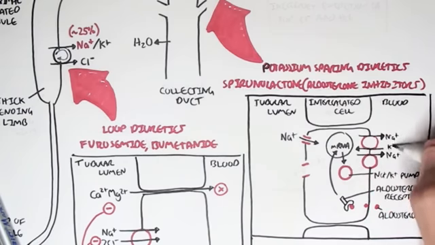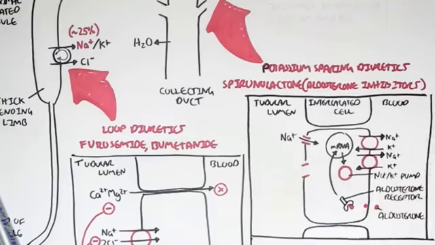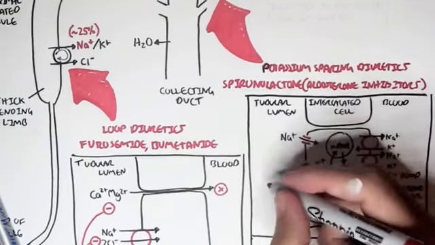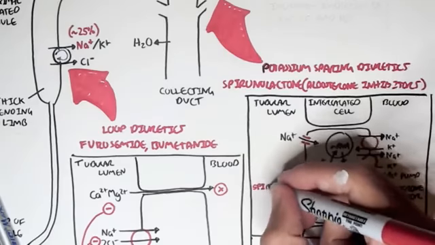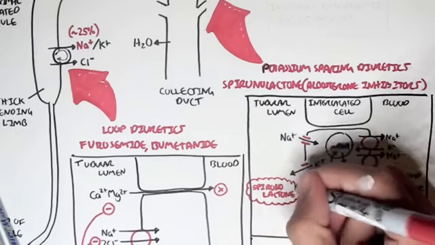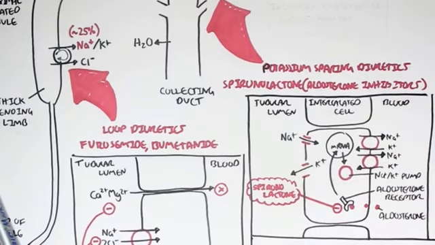What aldosterone inhibitors such as spironolactone do is inhibit the binding of aldosterone to the aldosterone receptor, or inhibit the formation of the sodium-potassium pump, thus preventing the excretion of potassium as well as the reabsorption of sodium.